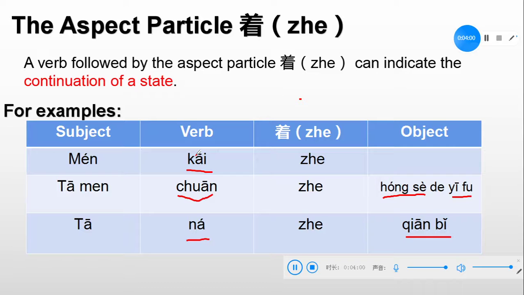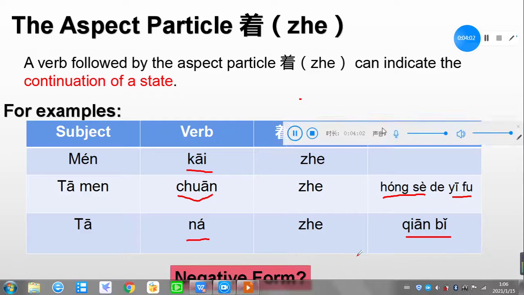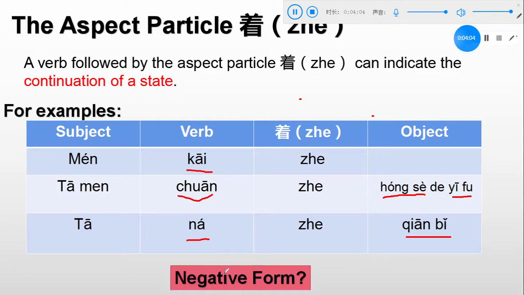Now let's see how the negative form works. Okay, negative form. So just remember, whenever we use the negative form, there has to be a negative word, right? So there are two negative words in Chinese. One is 不, another one is 没. Okay.